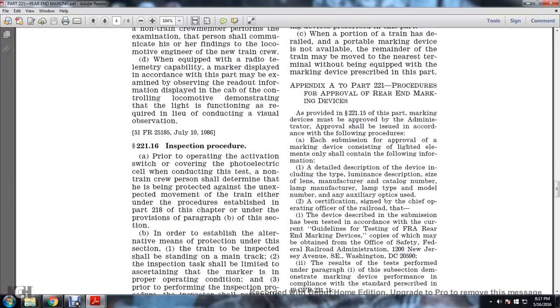All right, 221.16 Inspection procedures. Prior to operating the activation switch, covering the photoelectric cell, or conducting the test, a non-train crew member shall determine that he or she is being protected against the unexpected movement of the train, either under the procedures established in part 218 of this chapter or under the provisions of paragraph (b) of this section.